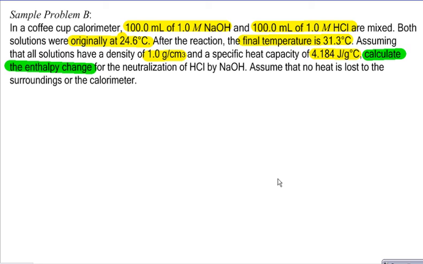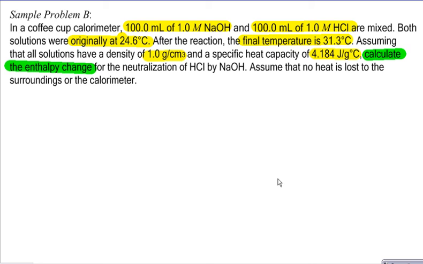And the only formula we know so far for delta H is Q equals mc delta T. We're given a c, we've got a specific heat. We're given two different temperatures, so we've got a delta T. Where things get a little shaky is that we aren't given any mass here. But if you look, we're given a molarity, and that's moles per liter.